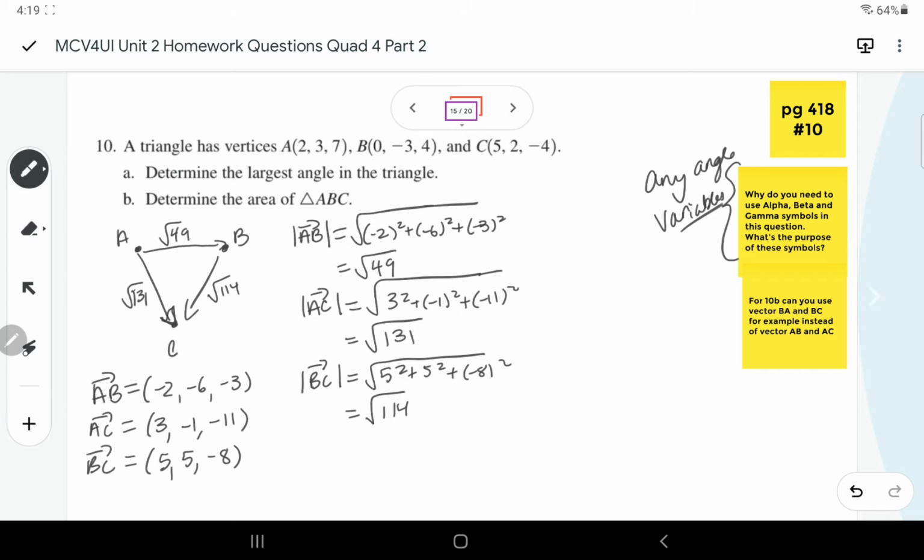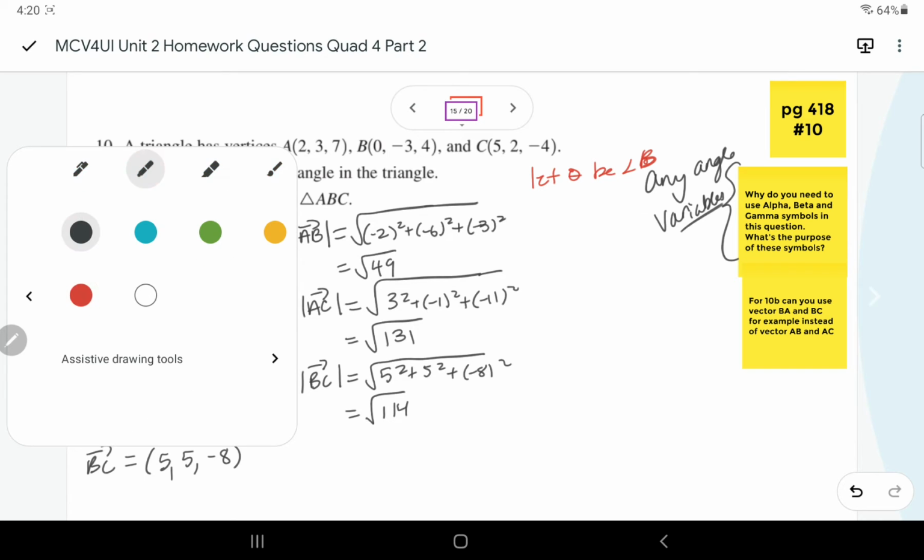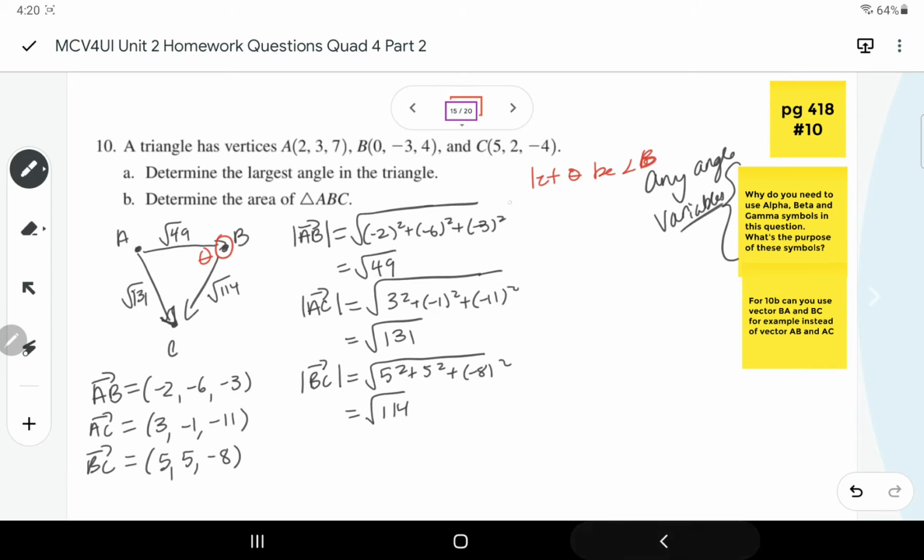We know from trigonometry that the biggest angle is going to be across from the biggest side. So we don't have to find all of the angles in the triangle. I would just find angle B. So let theta be angle B, the angle at point B. And then I would use the cosine law.